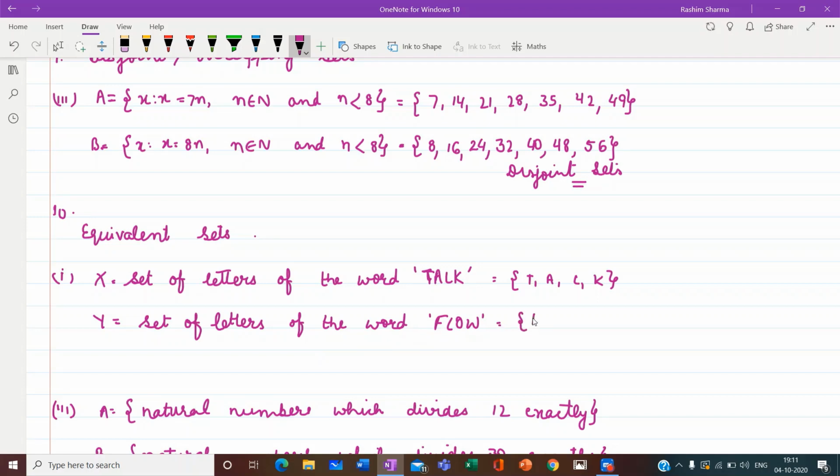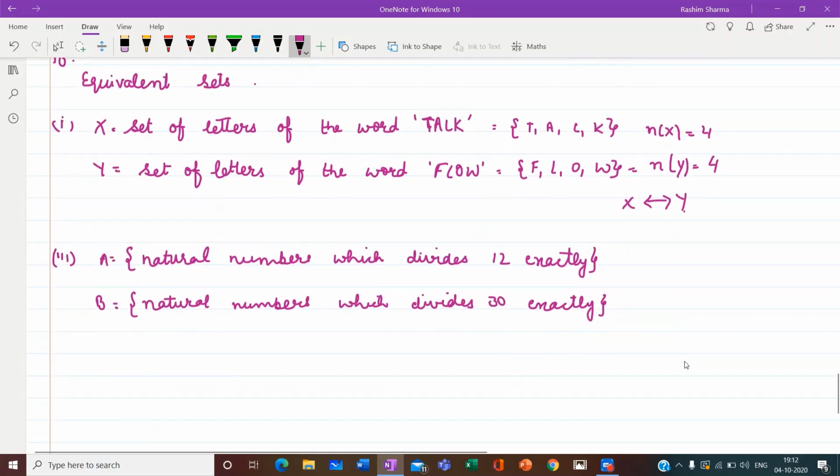We will write it as F, L, O, W. Now in set X, the cardinal number is 4. In set Y, the cardinal number is 4. So both the sets have the same cardinal number. So X is equivalent to Y.